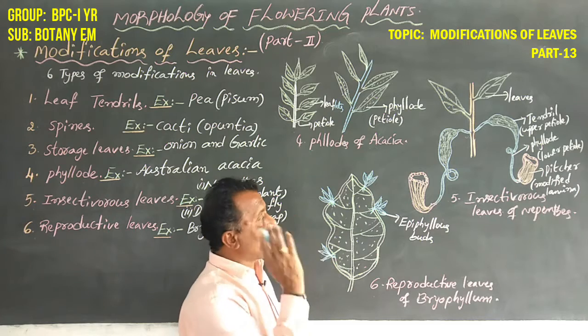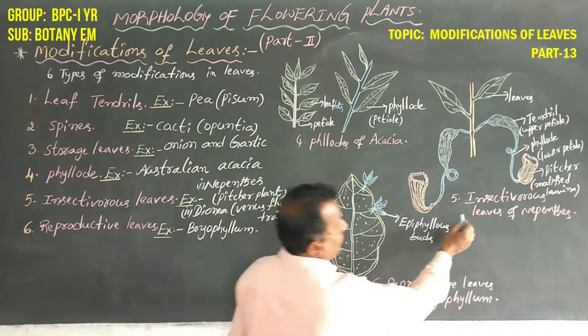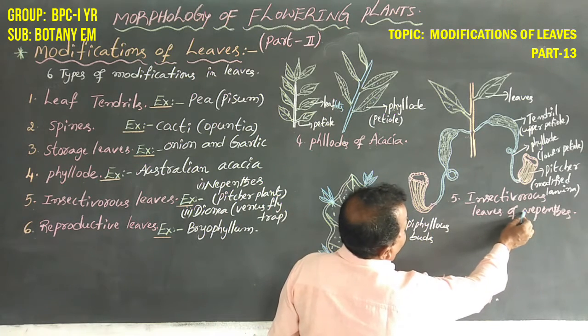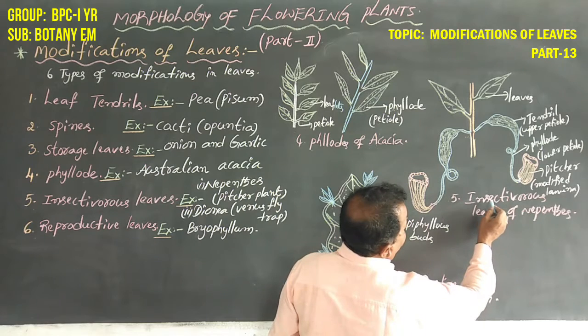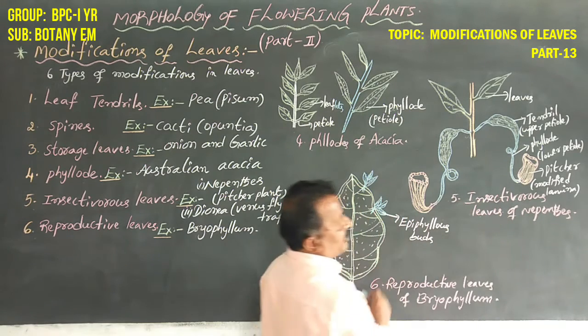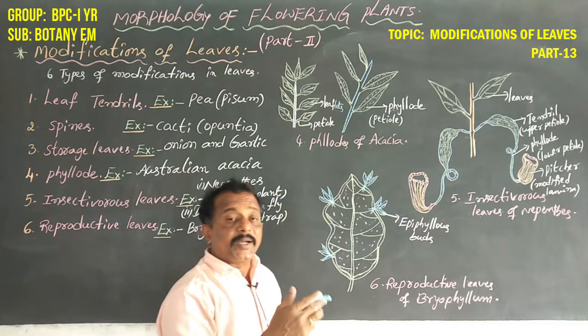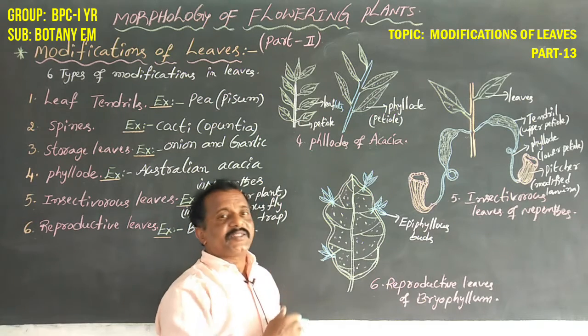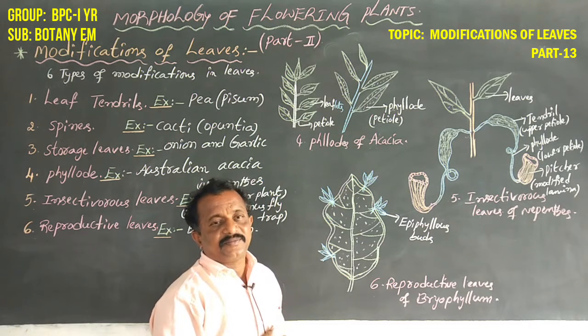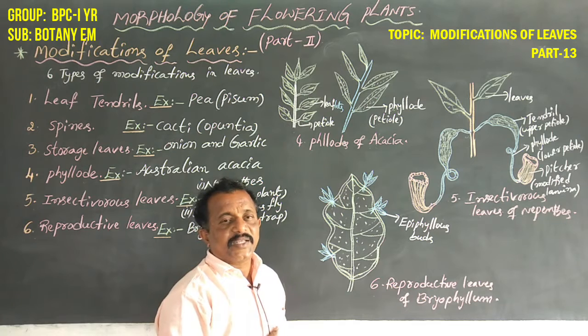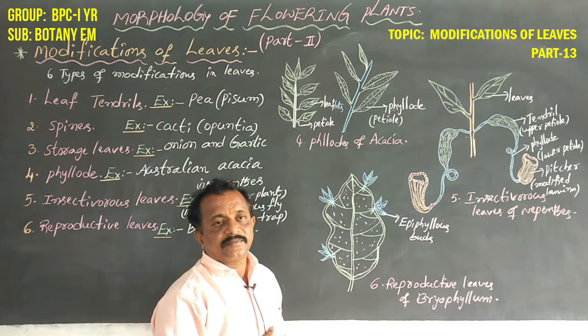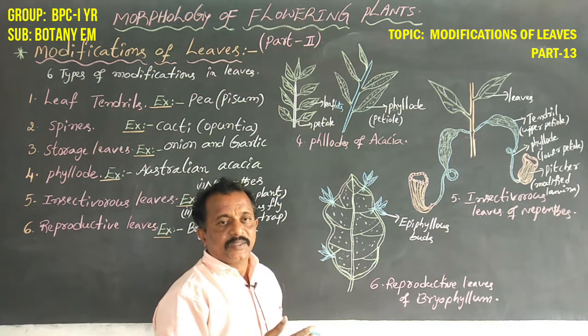So that is known as insectivorous leaves of Nepenthes. Nepenthes leaves are always killing insects. In some plants, the leaves are always killing insects. This is wonderful.